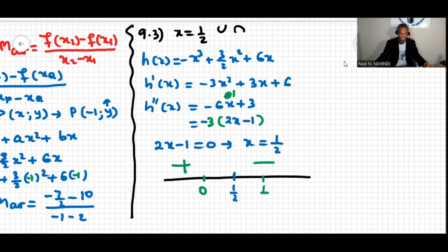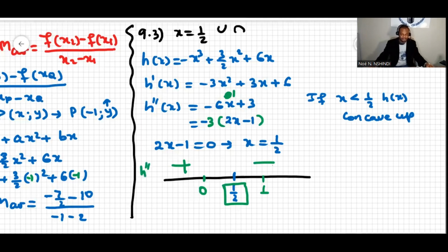So this determines that at the value x is equal to a half, if x is less than a half, h of x will be concave up. It is concave up if the second derivative is greater than 0, and concave down if the second derivative is less than 0.